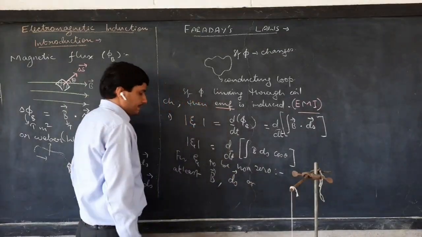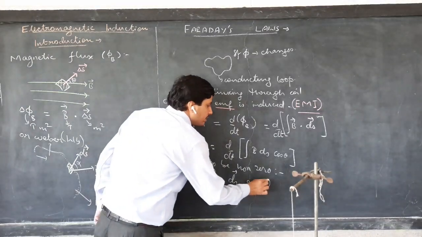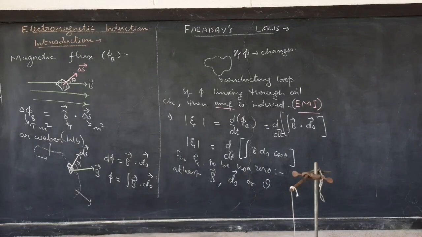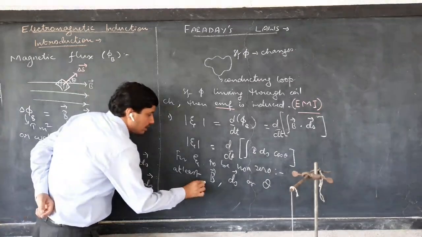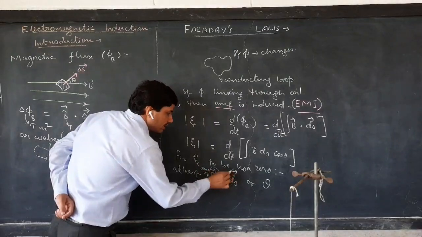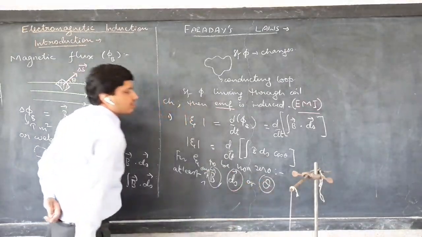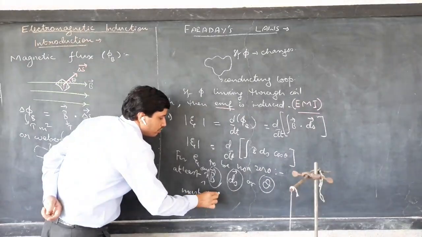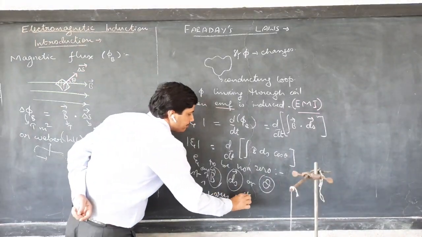Or theta, the orientation of the coil with respect to the magnetic field. At least one of these three must change with time. At least one of magnetic field, area vector, or relative orientation must vary with time.